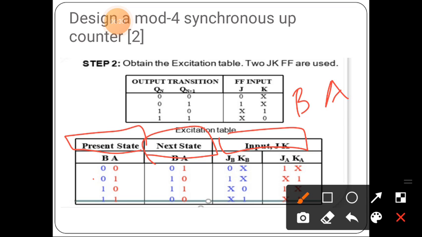There are two inputs, so the states are 00, 01, 10, and 11. This is the present state.